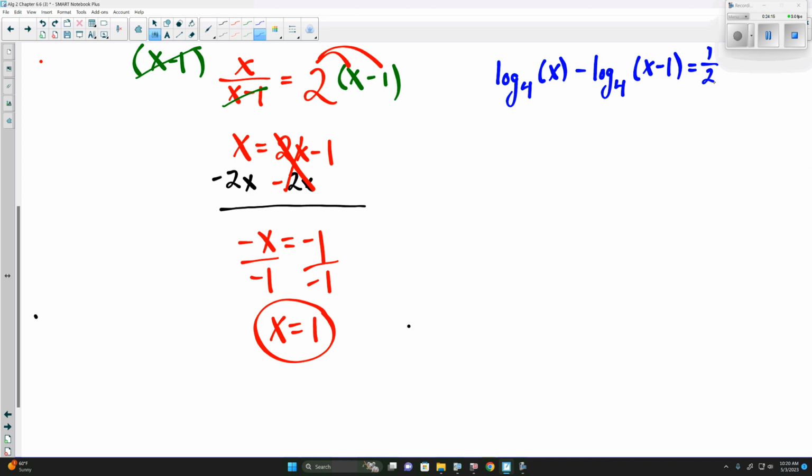So we had log base 4 of x minus log base 4 of x minus 1 is equal to 1/2. Now the solution that we found was 1, and we could plug it back in and check. Log base 4 of 1 minus log base 4 of 1 minus 1 is equal to 1/2.